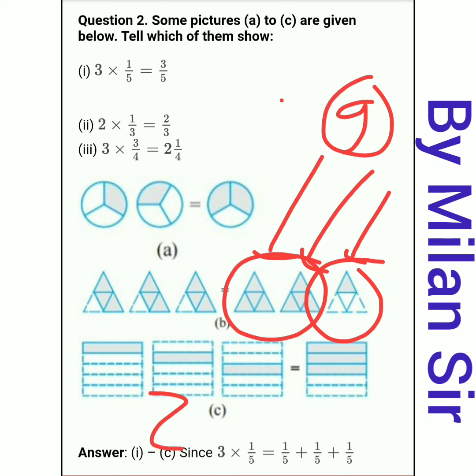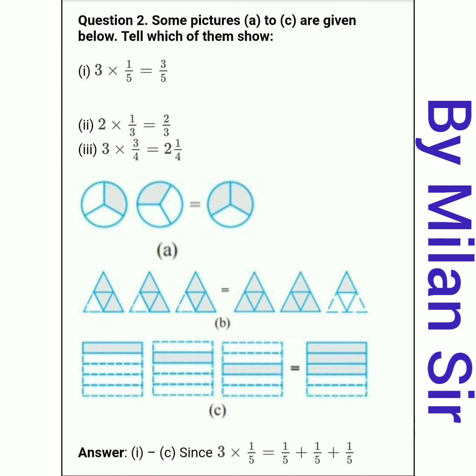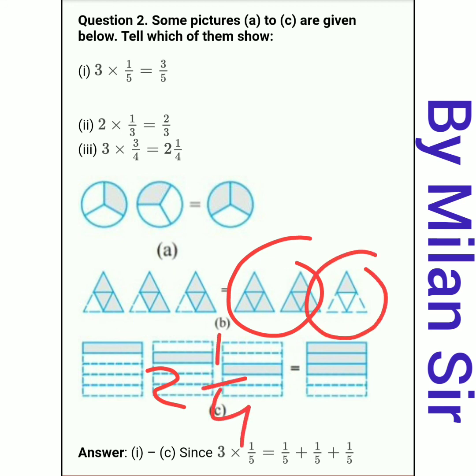Two integer, that means two full figures, and in the third figure 1 by 4, out of 4 parts we need to shade one part. This is our answer. Again, for these two full figures we write the integer number 2, and here out of 4 parts one part is shaded. So 2 integer 1 by 4.